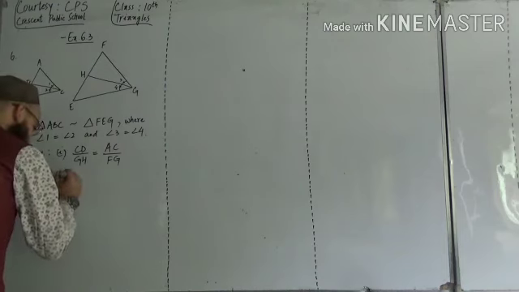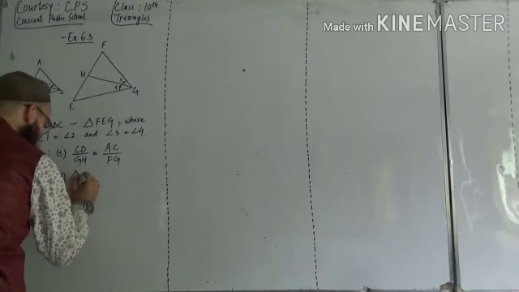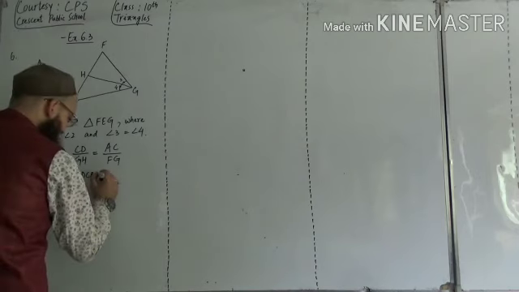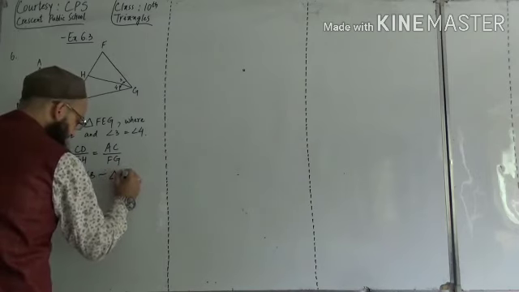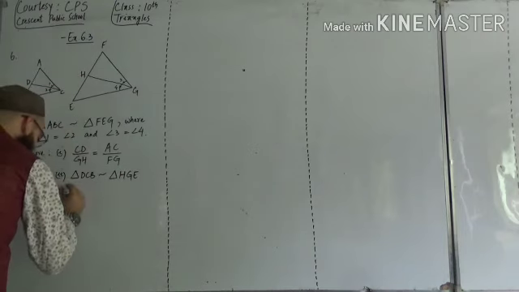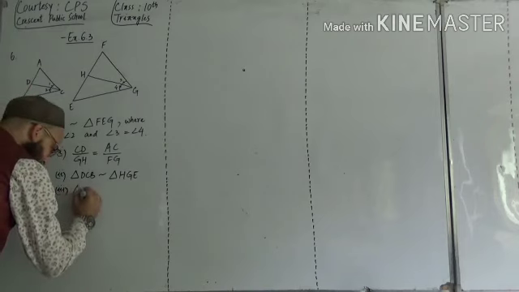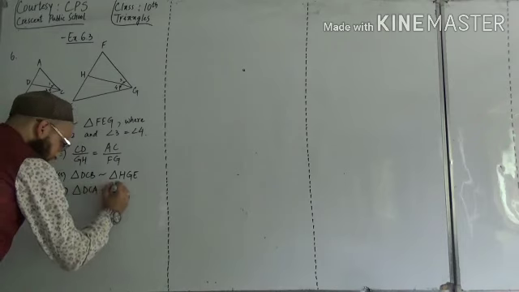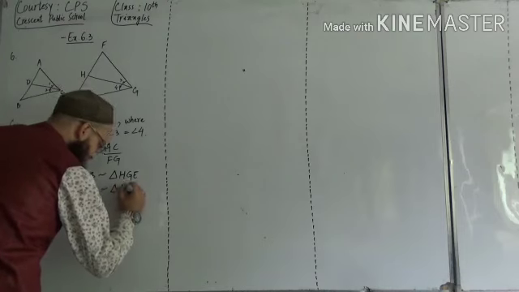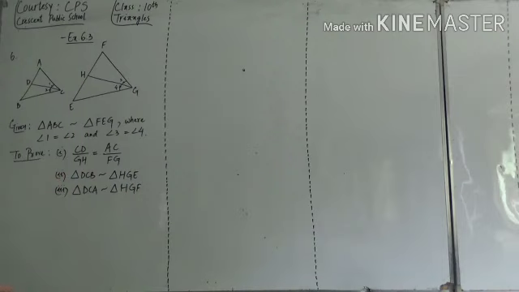Number 2, triangle DCB is similar to triangle HGE. And number 3, triangle DCA is similar to triangle HGF. These are the things we are required to prove.